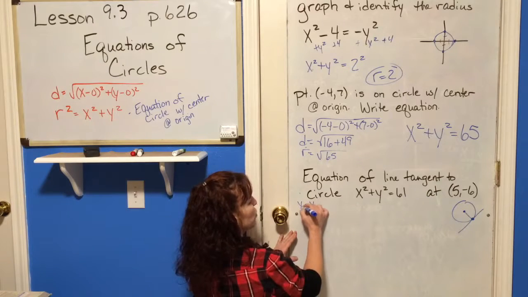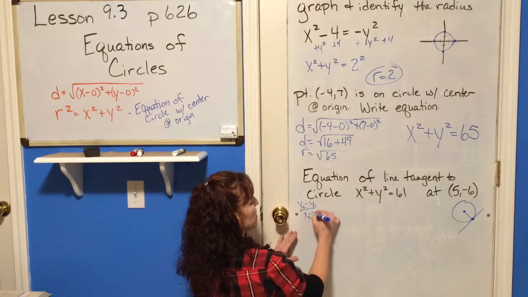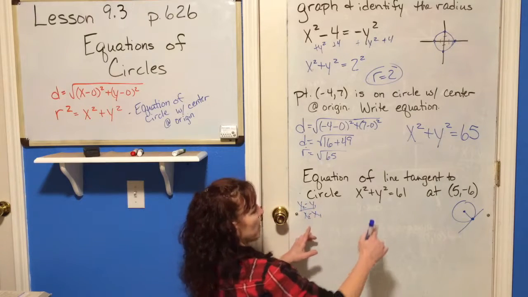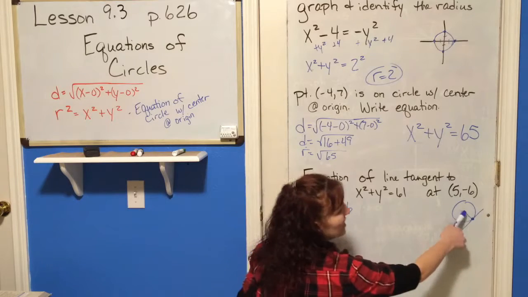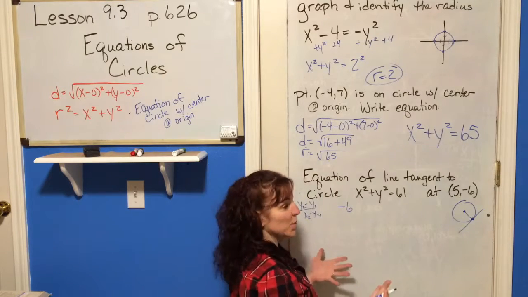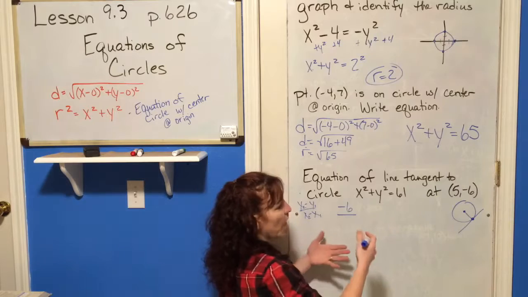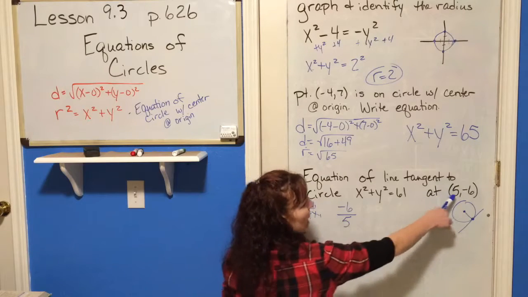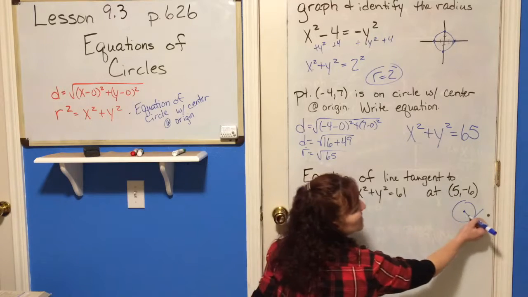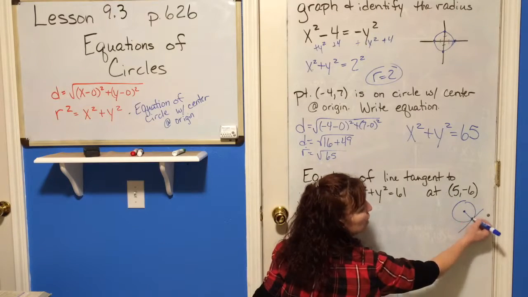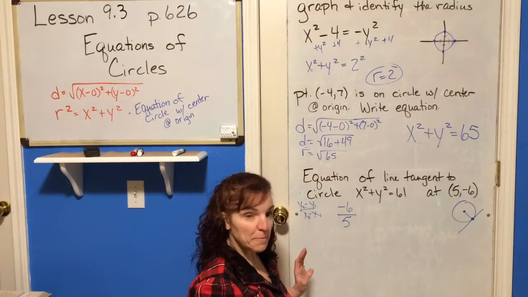So the y is -6 minus 0, because the center is at 0, and the 5 is your x minus 0. So just -6/5 is the slope of this line here. So far, are you with me?